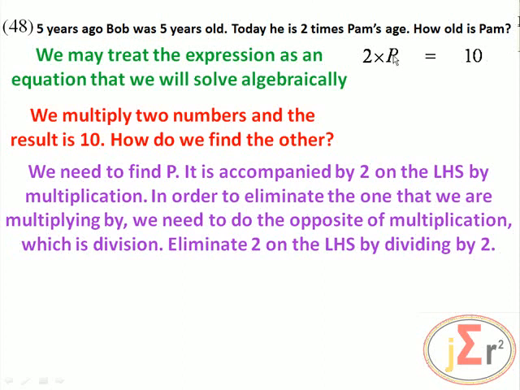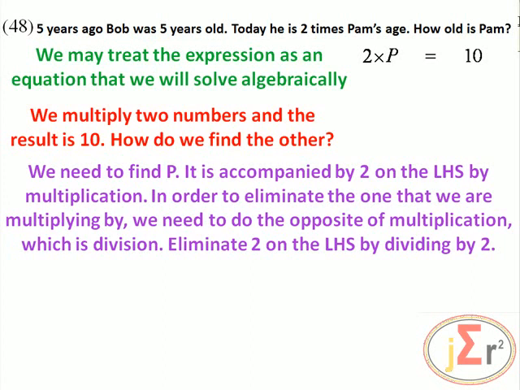It is accompanied by 2 on the left hand side by multiplication. So we just want to have P alone. P is equal to something, but it is actually multiplied by 2 on that left hand side.